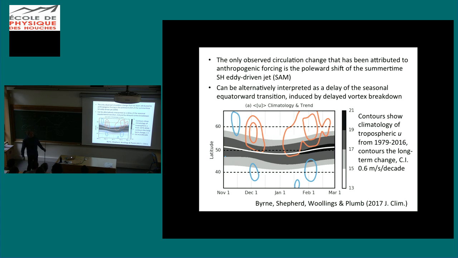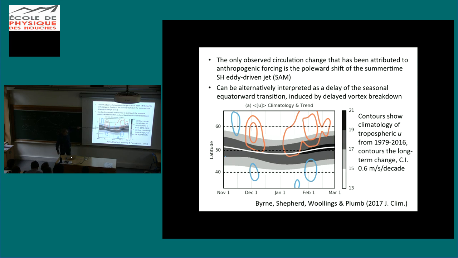So it's been interpreted as a poleward shift, and what Nick has argued in this paper is that actually that's the wrong interpretation. When you interpret it as a poleward shift, that's where you look at anomalies as departures from climatology. So you say, I've got the average temperature or the average winds. This is the tropospheric average zonal wind up to 200 hectopascal or something, and these contours show the climatology.